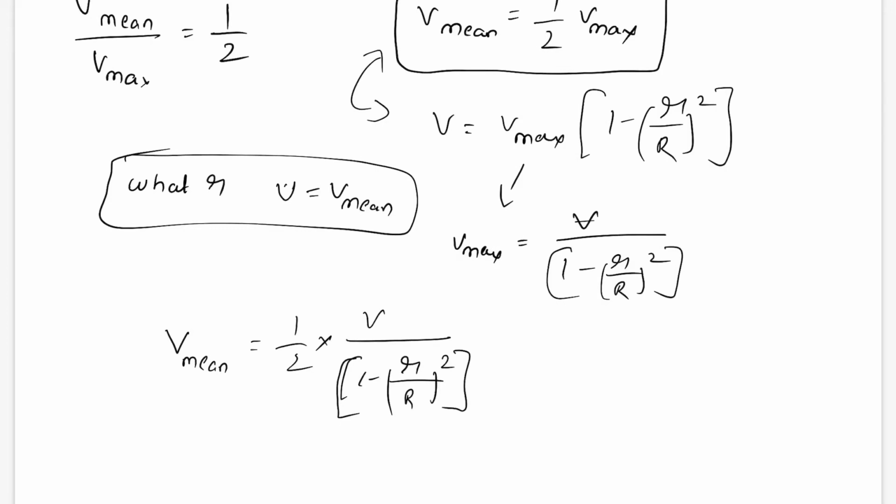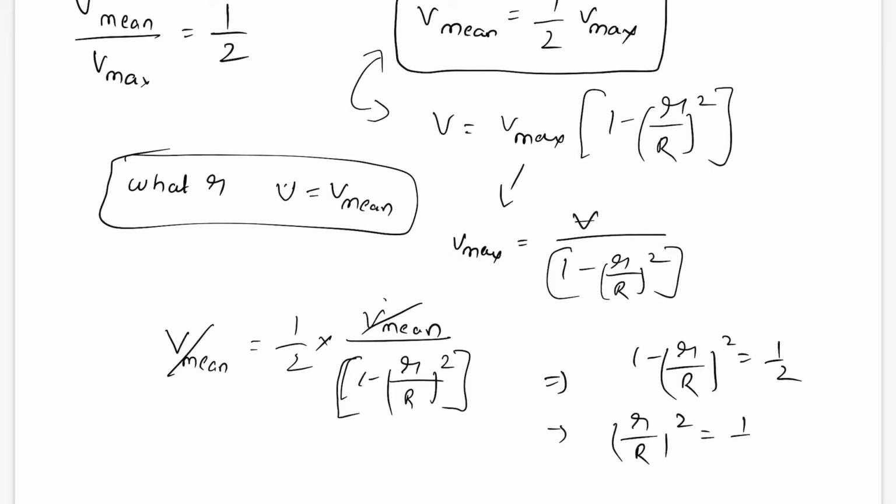To find out this value of small r, we should assume that this v value is equal to v mean. And we are finding out at what value of r v is equal to v mean, which means v is v mean here. We'll write this as v mean only. Now these both will get cancelled. Now it implies 1 minus small r by capital R whole square is equal to 1 by 2.